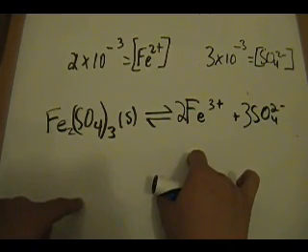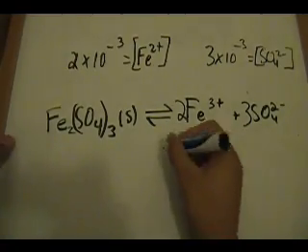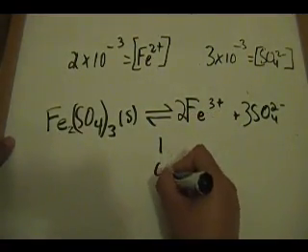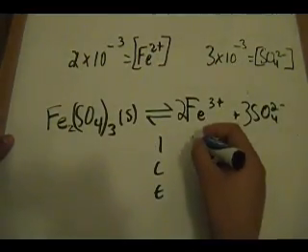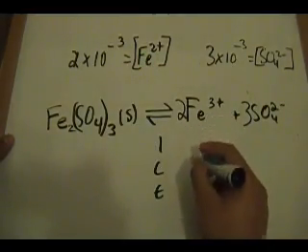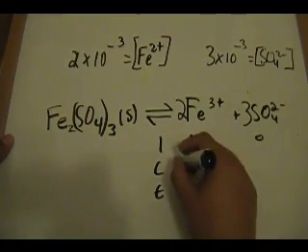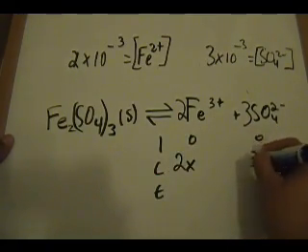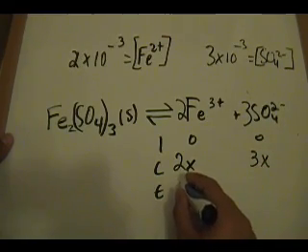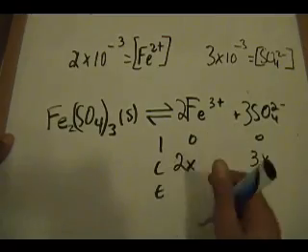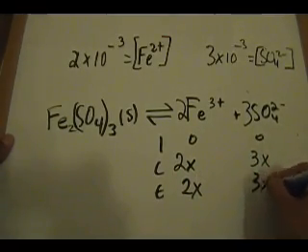Well, when you guys were doing the ICE table to figure out these values, it was initially 0, 0, then the change was x, 2x, 3x, and again, the initial plus the change will be 2x, and 3x for the other.